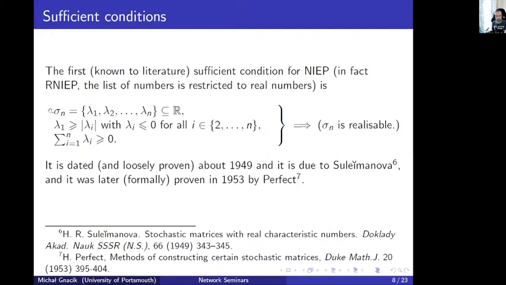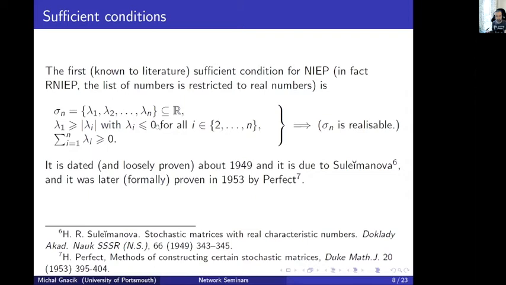We take a list or a set of real numbers, and we put the condition that the first one is the greatest by absolute value. So if you take the absolute value of any other one, it is smaller. So only the first value is positive, and all other values are non-positive, right? So they are either negative or zero.